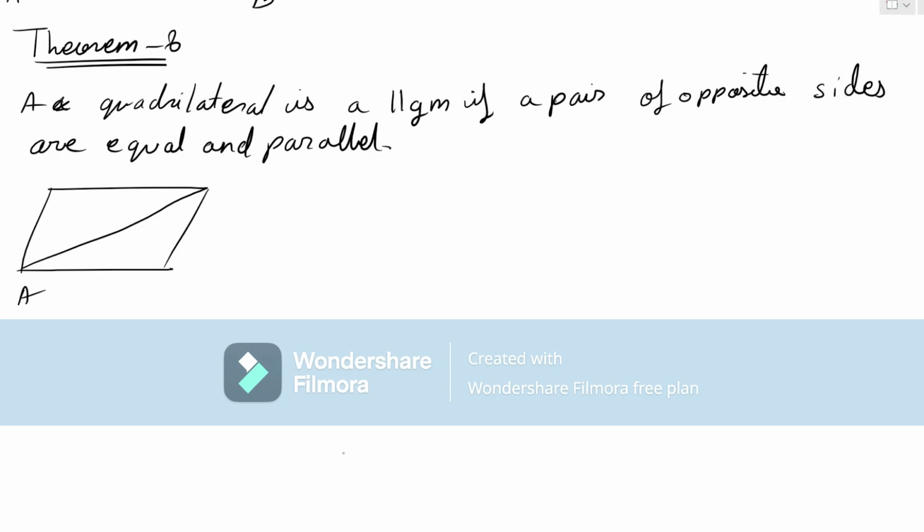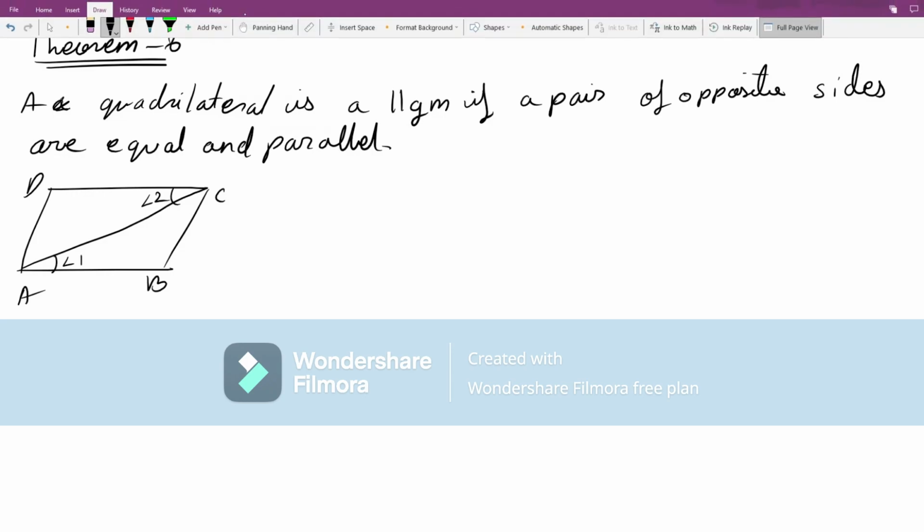Now let's name it A, B, C and D. A quadrilateral is a parallelogram if opposite sides are equal and parallel. Now if we take angle 1 and angle 2, both of them are equal. And what do you think? What are they forming? I will show you.